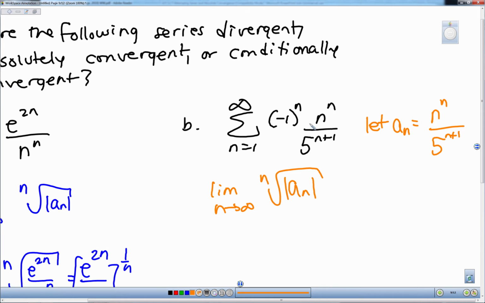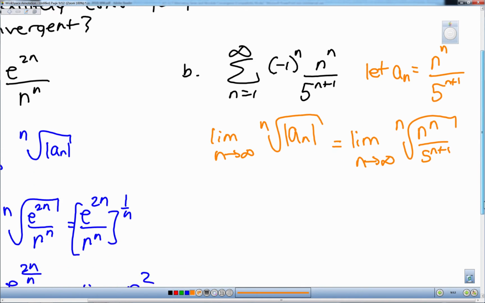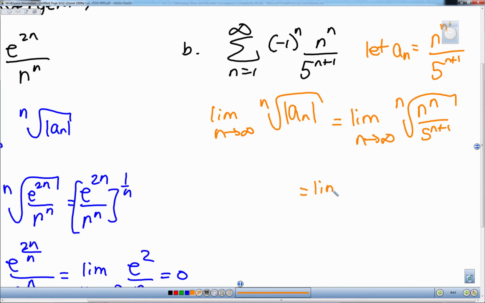Just like with the alternating series test, we're not concerned with this negative 1 term right here. So that's going to be the limit as n approaches infinity of the nth root of n to the n over 5 to the n plus 1, which is n to the n over 5 to the n plus 1, to the 1 over n power.